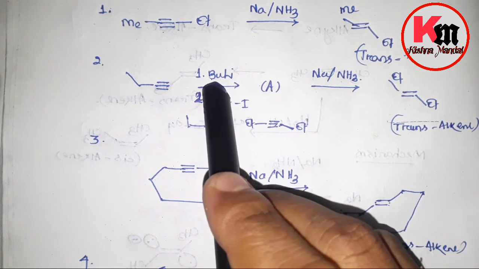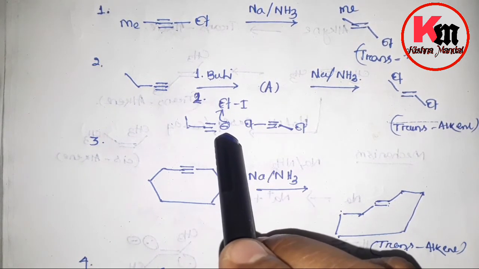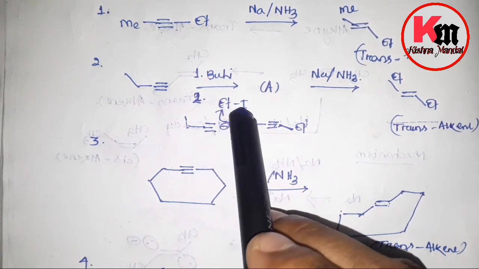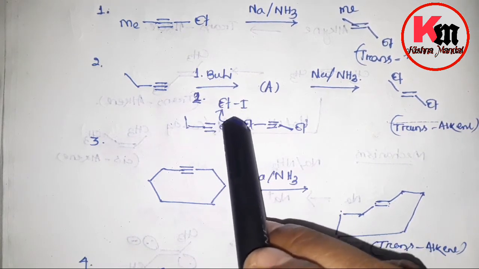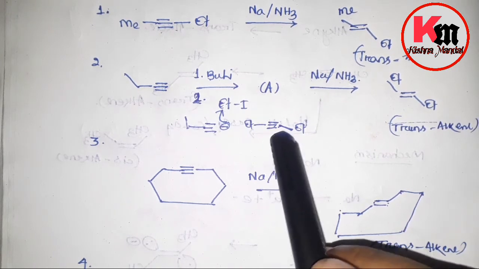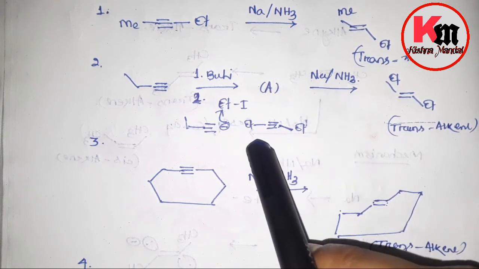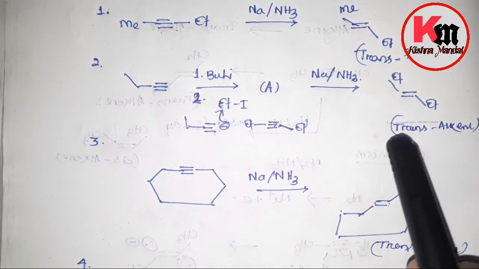BuLi is a base, so it takes a proton from here and makes it an anion. This anion attacks the ethyl iodide, so it converts to alkyne. In the final step this Birch reducing agent converts this alkyne into trans alkene.